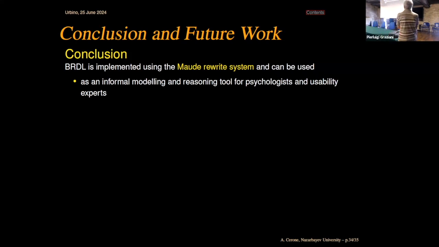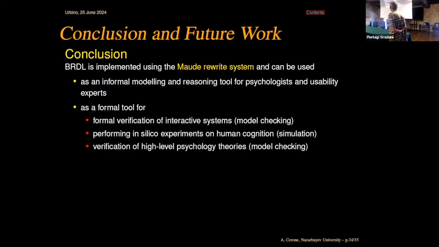So, as I said, we also use BRDL, independent of the implementation, of course, as an informal modeling and reasoning tool. And this can be used in making unambiguous many things which otherwise psychologists would describe in natural language with all possible ambiguities.